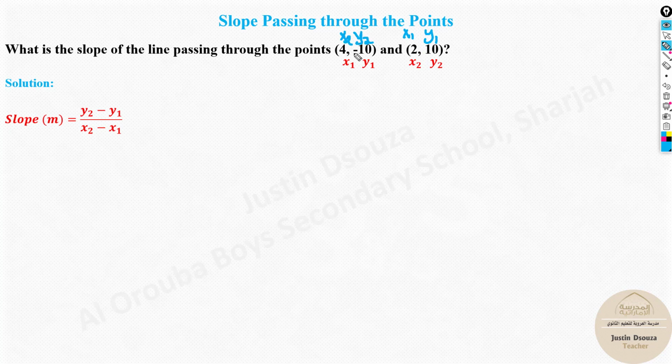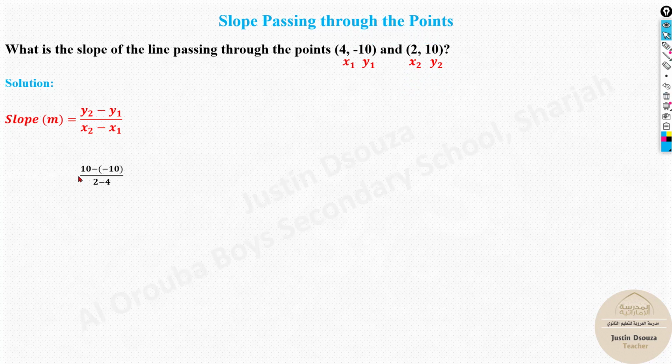But you cannot take this as x1 and this as y2. No. Once you give it as the first point, then even the y must be the first itself. Once x1 is there, the next must be y1. If it is x2, then the next must be y2. I hope this is clear.